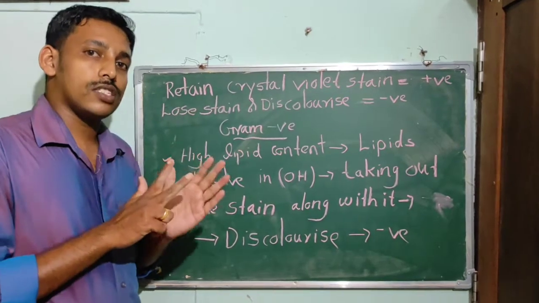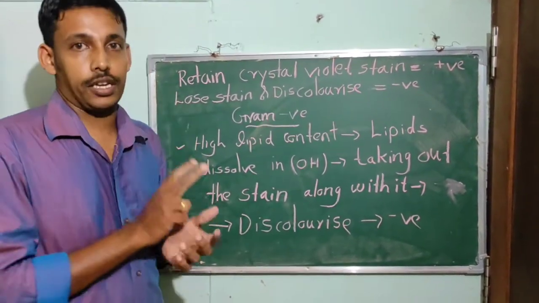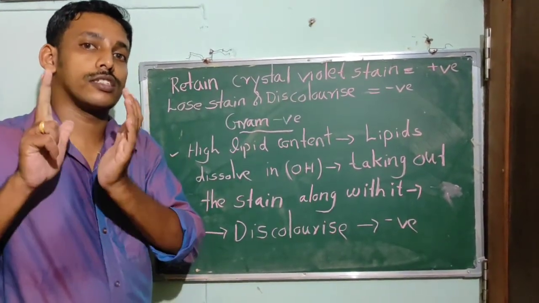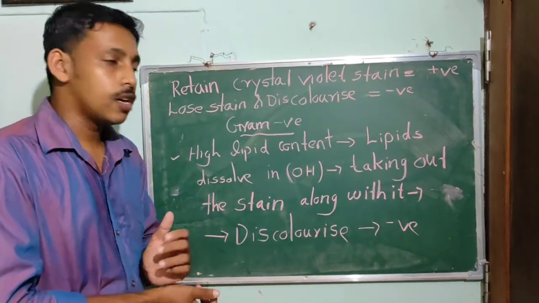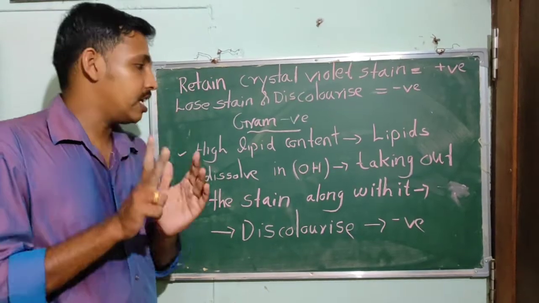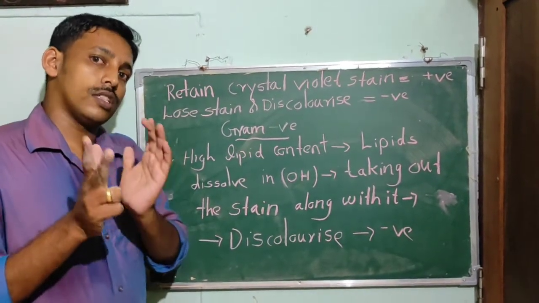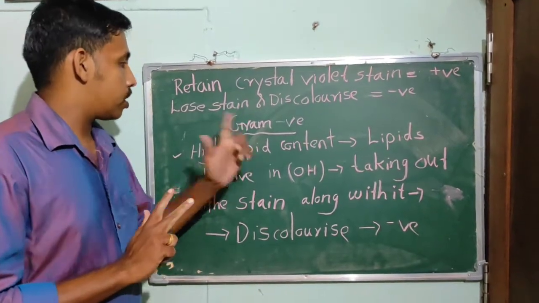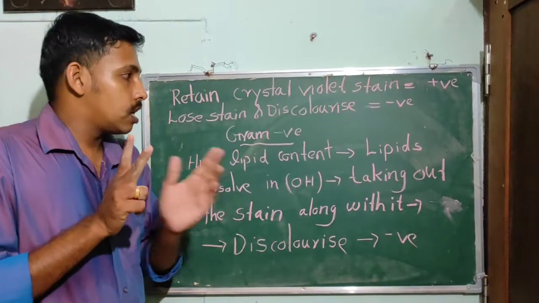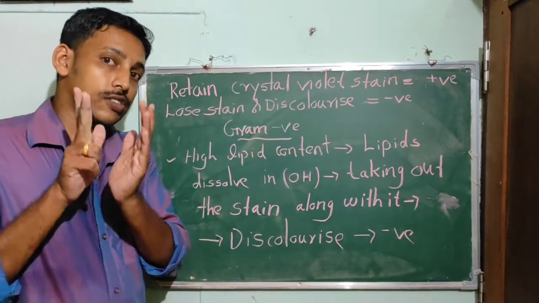The basis of gram staining is the lipid content of the bacteria. Gram negative bacteria have a very high lipid content compared to gram positive bacteria, due to which the lipids dissolve in alcohol or other organic solvents.